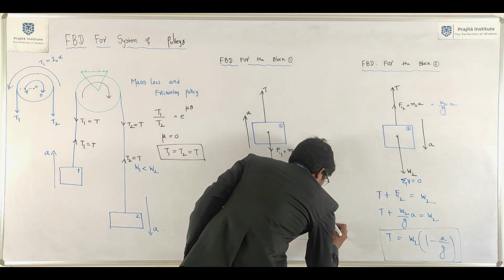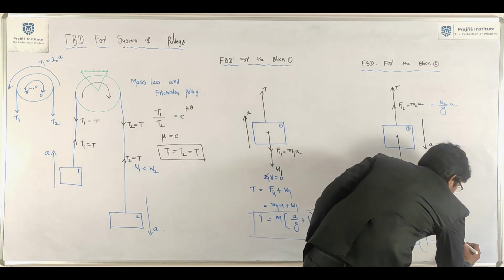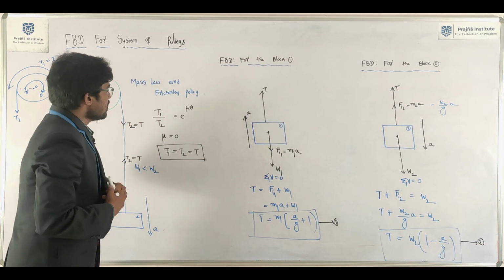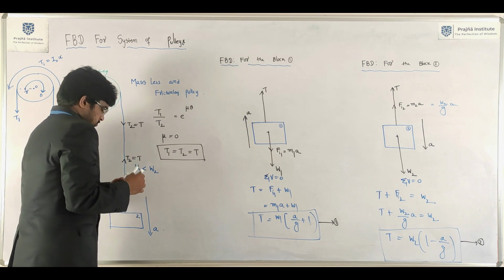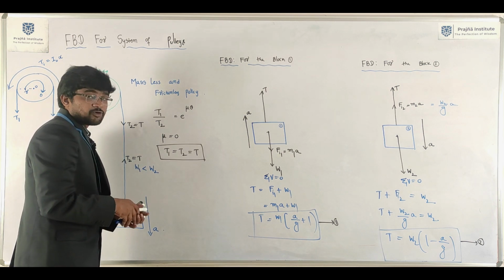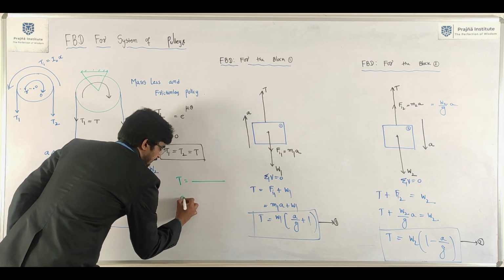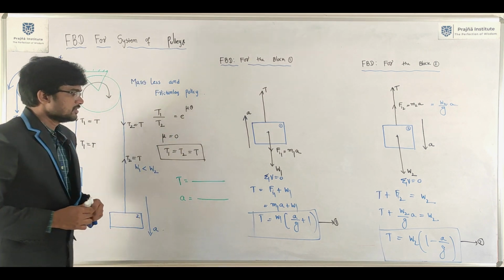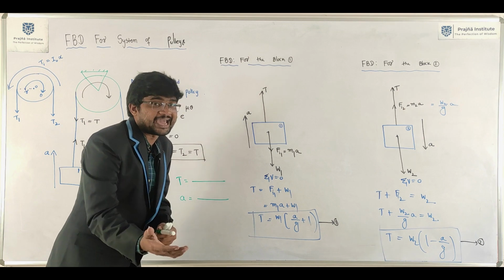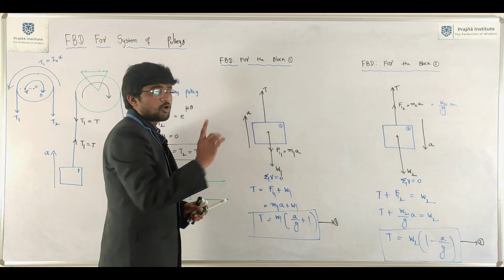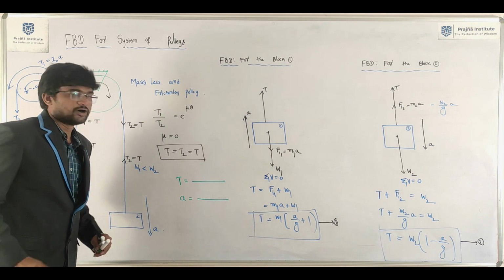Okay. So here equation number 1, equation number 2. Here how many unknowns, tell me? We should build an expression for tension and acceleration. Tension equal to dash, acceleration equal to dash. How many free body diagrams? Free body diagram 1, free body diagram 2. 2 free body diagrams, 2 unknowns.